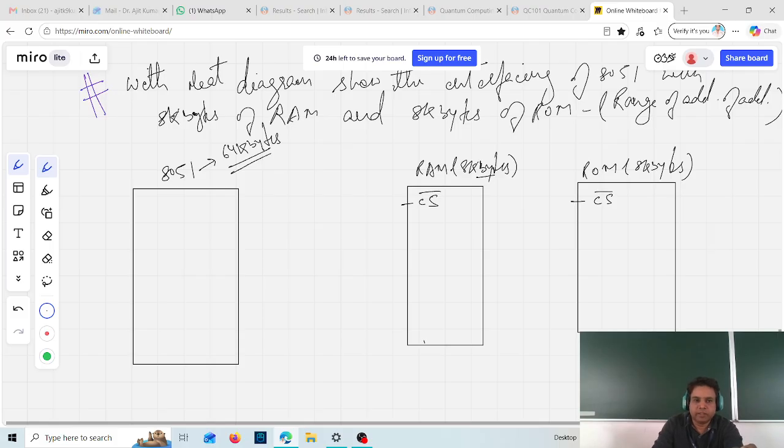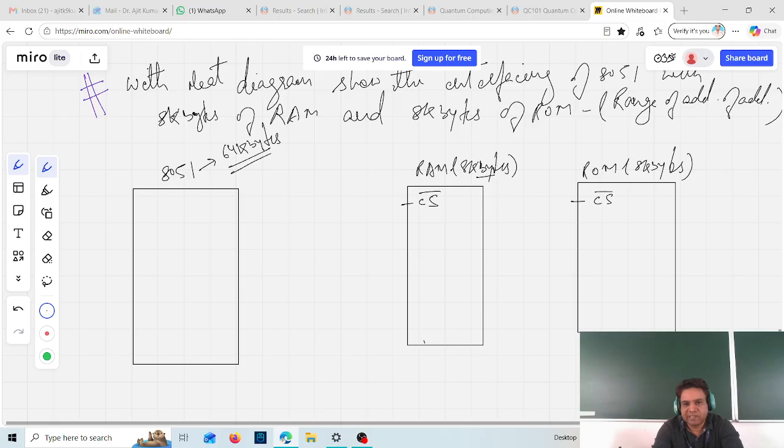Because this microcontroller is going to access either RAM or ROM. At the same time, it is not going to access both. Just take my example: I'm teaching in this classroom, I cannot teach at the same time in another classroom. I cannot access both rooms at the same time, either this room or that. In the same manner, this microcontroller can access either RAM or ROM.